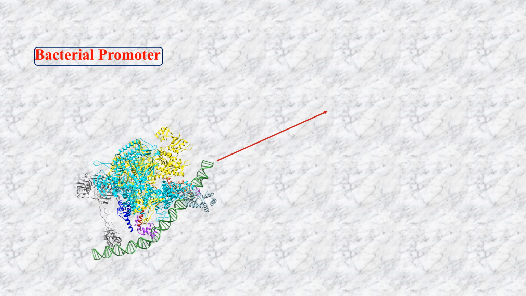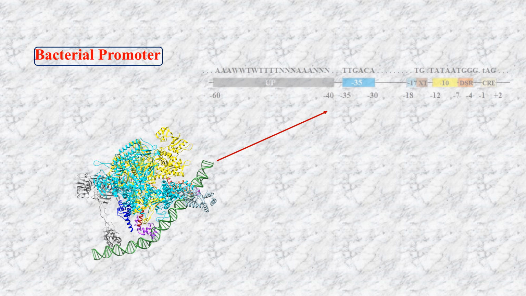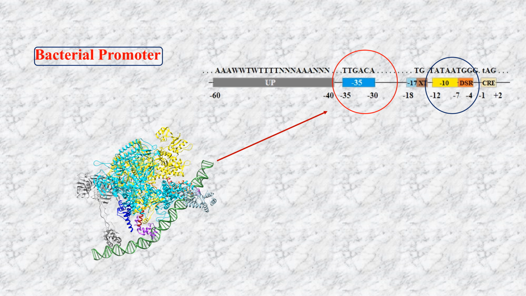In a typical bacterial promoter, such as the one shown here, there are two conserved sequences, TTG-ACA and TAT-AAT, which are present respectively at positions -35 and -10, where +1 is the transcription start site. They are called the -35 and -10 regions or elements.